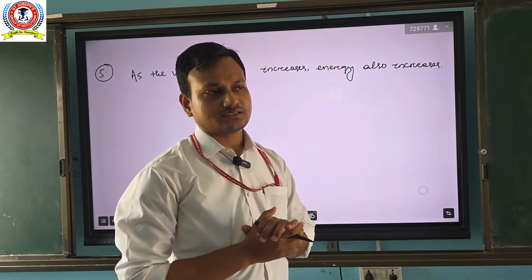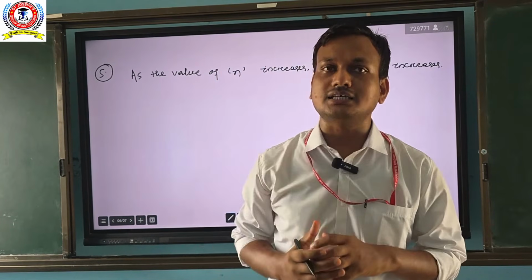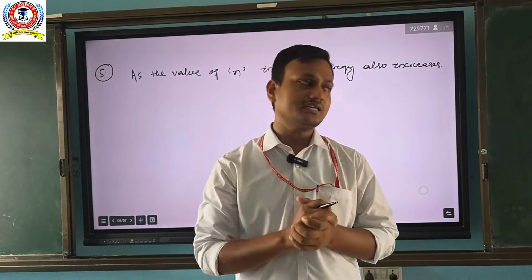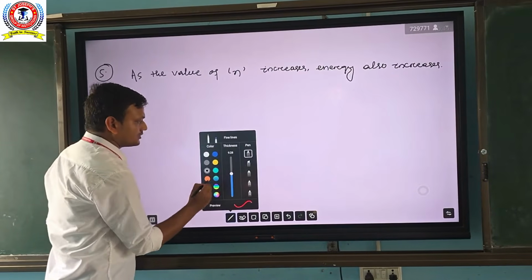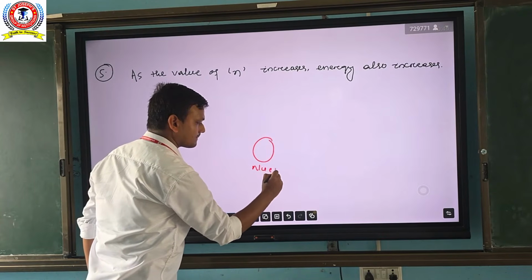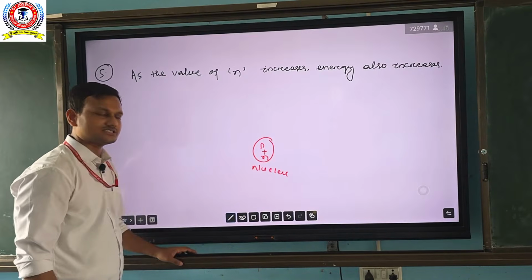My question is, how or why, when the value of n increases, does energy also increase? Let me explain. Suppose this is your nucleus, and inside the nucleus proton and neutron are present.